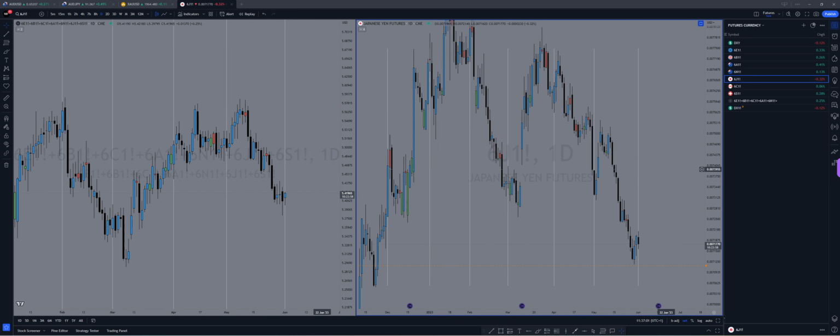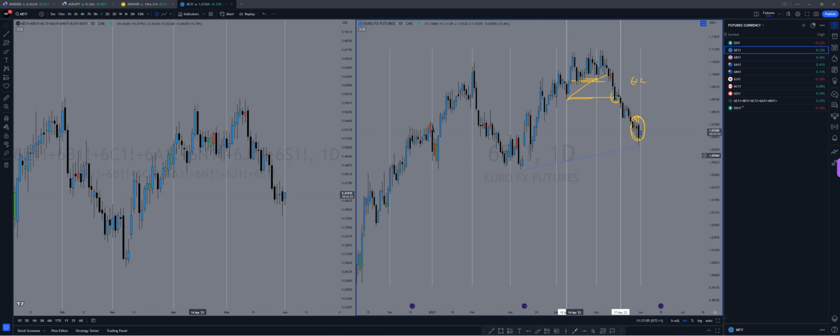So example, let's put euro. Notice where euro is right now. Notice where this is right now. We have a low here, and then we have a low here. We have a low here, and we have a low here. So we are still within some sort of a dealing range, right? This is how all the others should be, because this is the average.